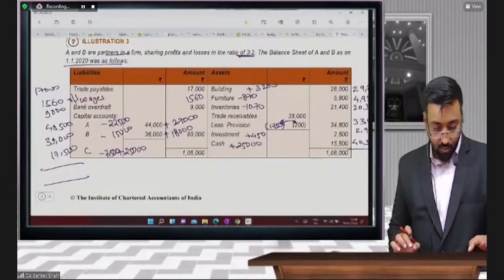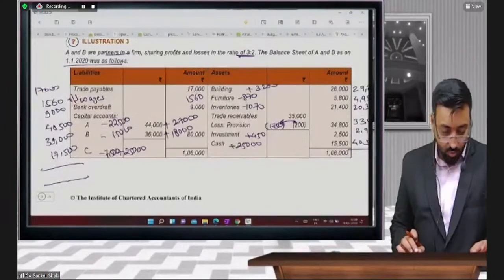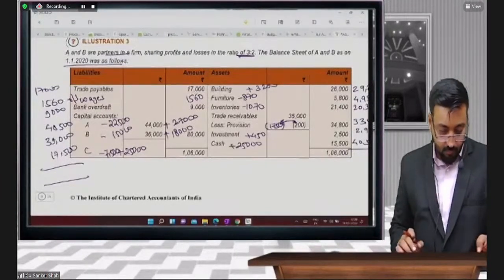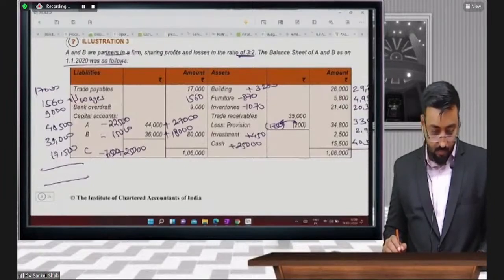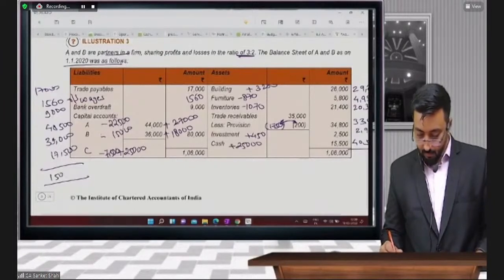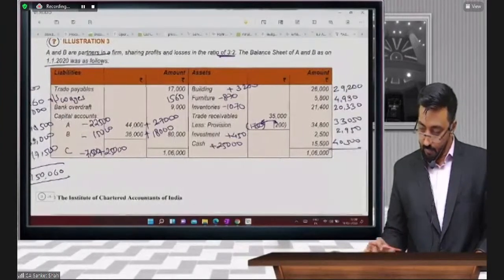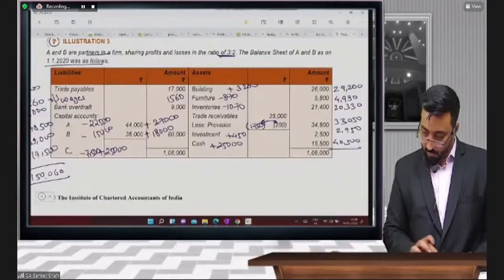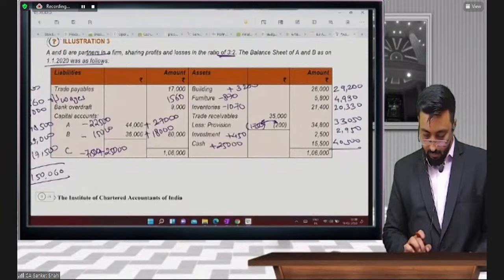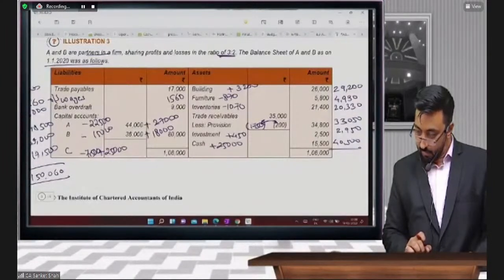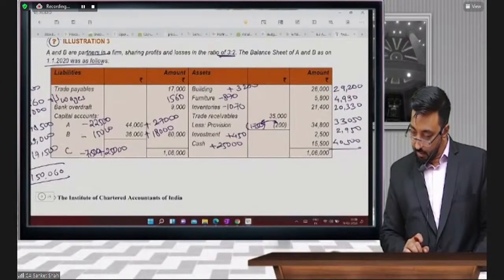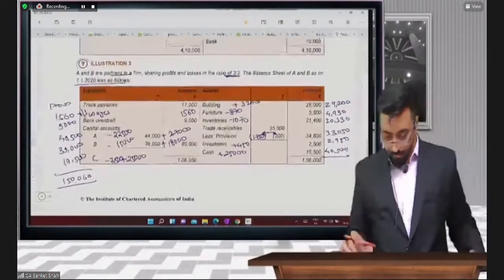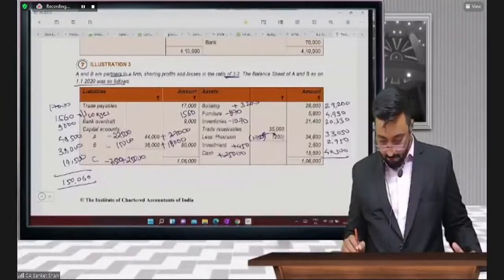Okay, so tell me the tallied figure. Yes, you only tally it. It is 3050, 2001. Oh, I forgot one figure.